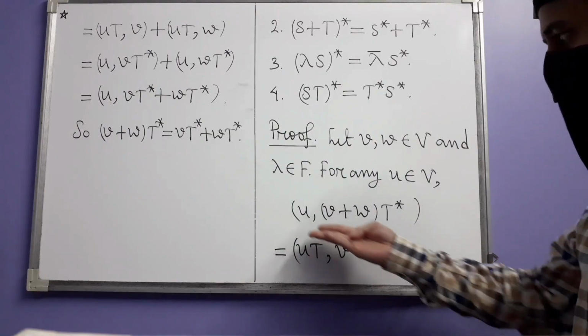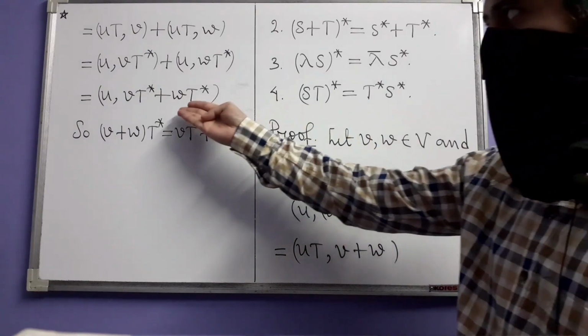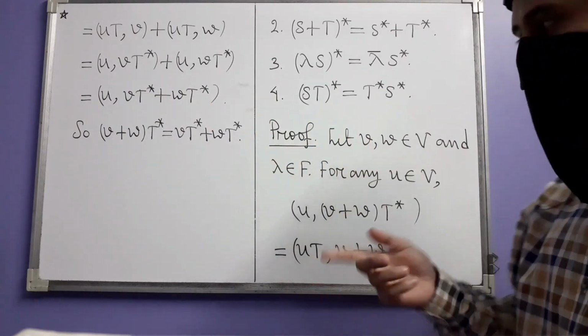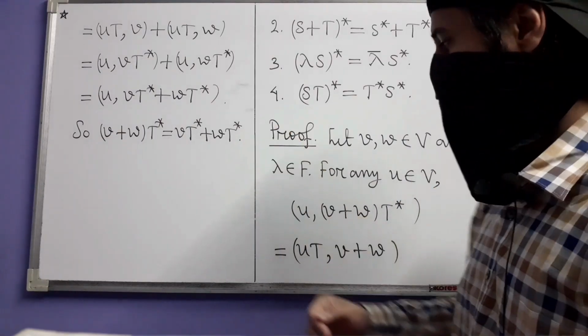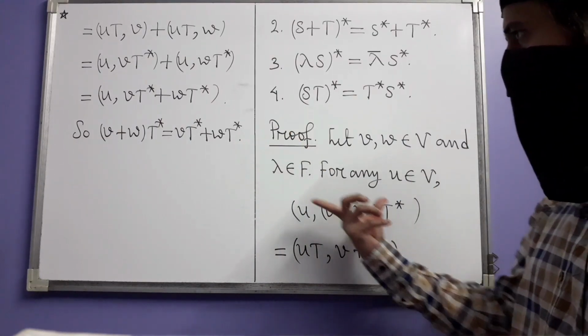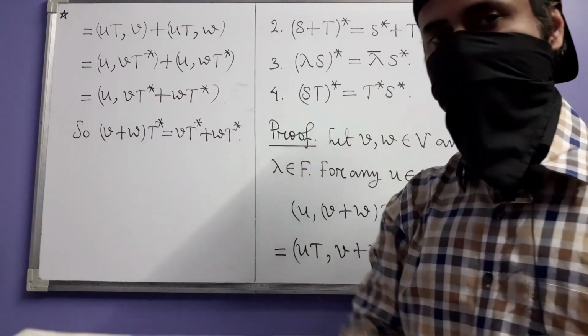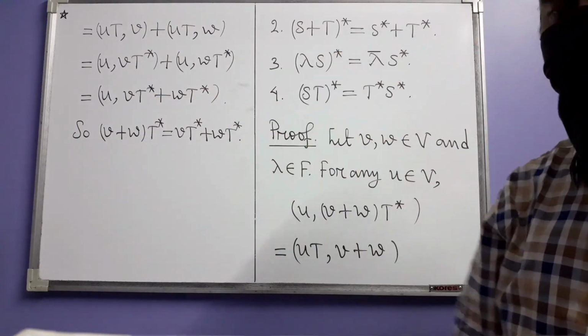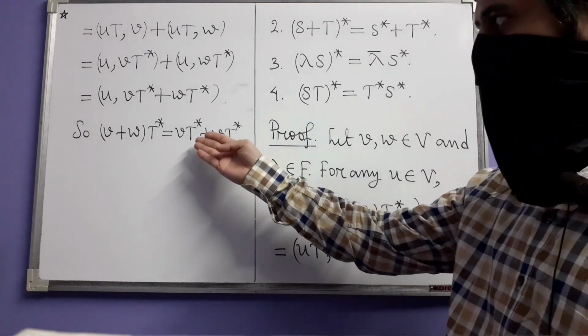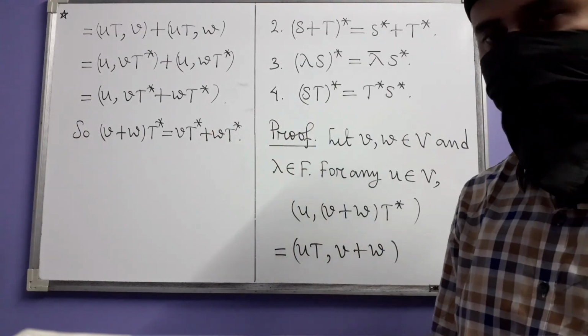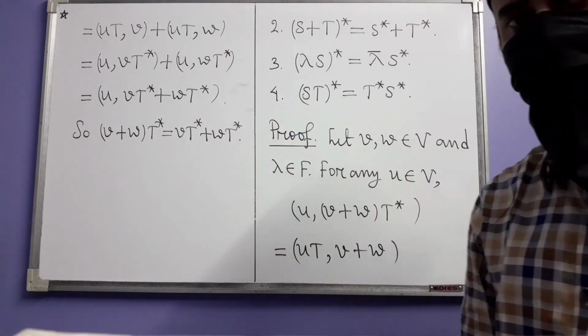Because this inner product is equal to this inner product for all vectors u, any u, this should be equal to this, again by that lemma and by the definition of star. So that's how we have the fact that T star respects vector addition.